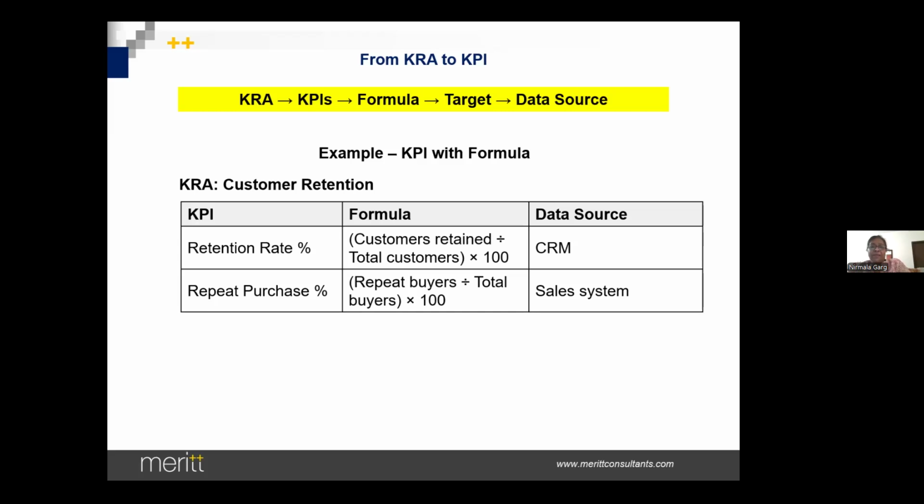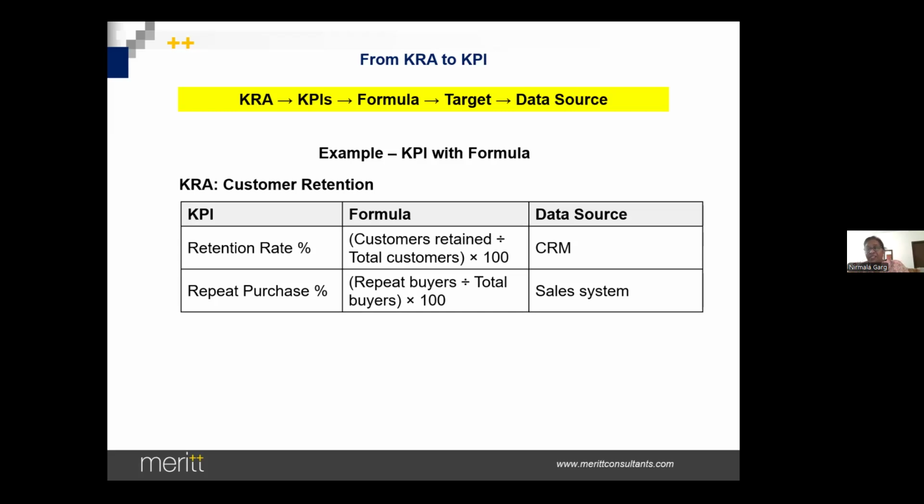Say, for example, customer retention. If the KRA, the key result area, is customer retention, then typically a KPI can be retention rate percentage. From where can you find that out? The data source can be your CRM.